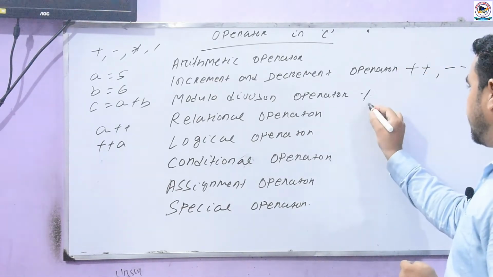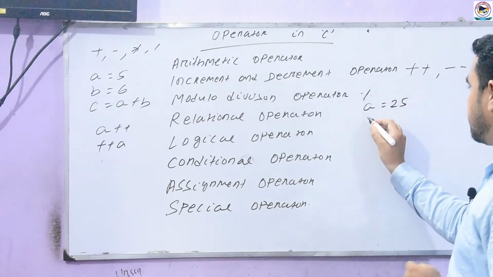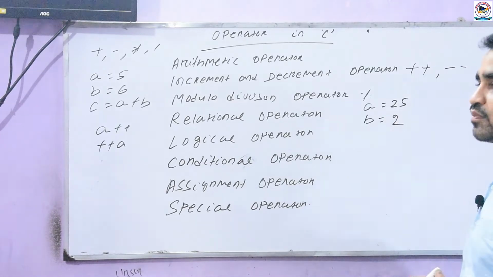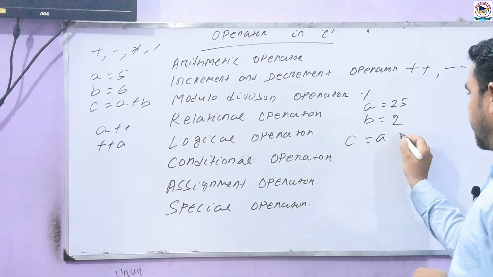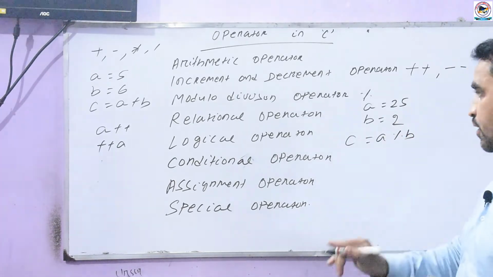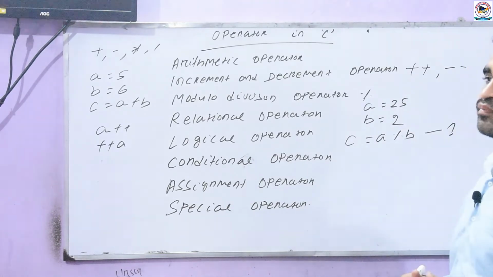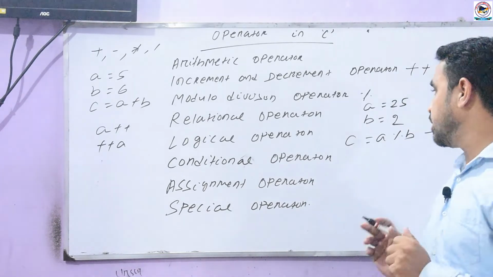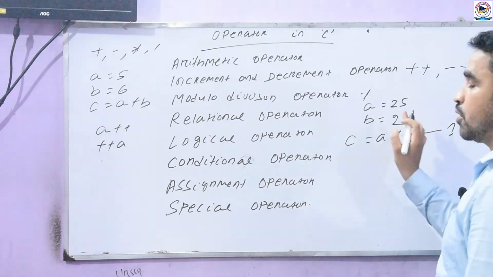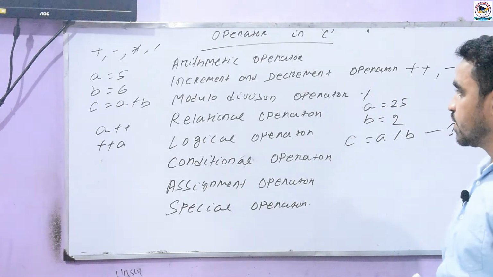For example, A is equal to 25, B is equal to 2, C is equal to A modulus B. Here the value of C is 1 because it returned the remainder 1 from the division.